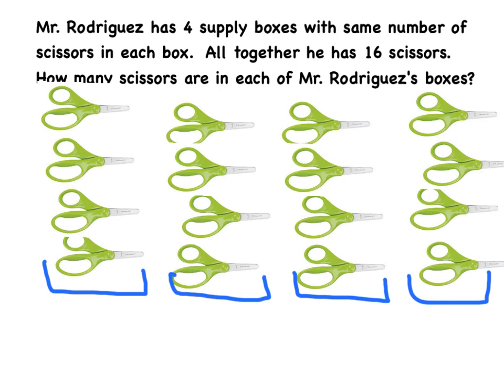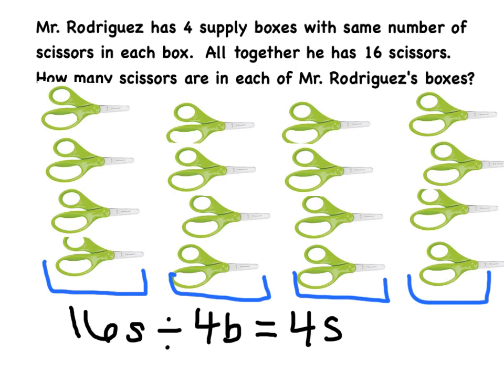One thing that can be really helpful if you're using counters or coins or things like that to help you move stuff around to show the division is that you can use index cards or post-it notes to represent your groups. So that's kind of helpful. So here in the end, I can see that I have 4 pairs of scissors in each of the supply boxes. So if I was going to write my equation, that would be my 16 scissors divided by my 4 supply boxes, which gives me 4 scissors in each box.